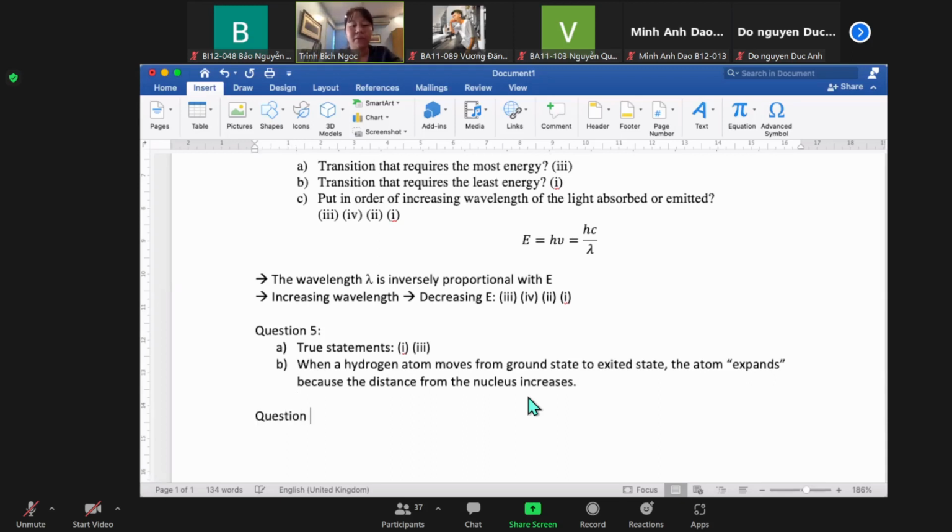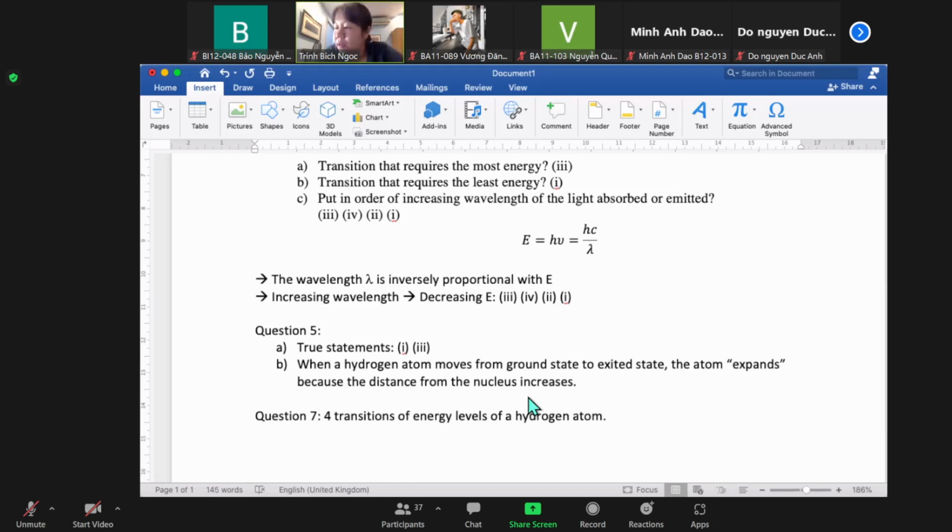Question 7. They will also give you 4 transitions of energy level of a hydrogen atom, okay?